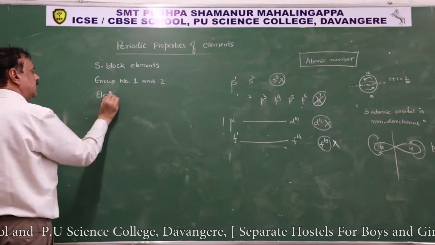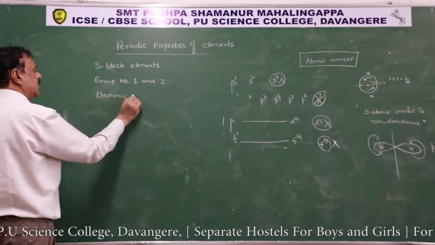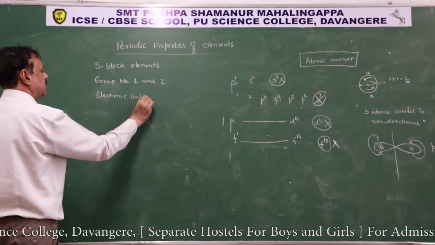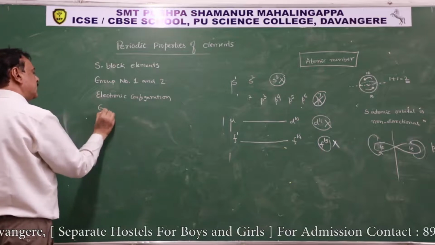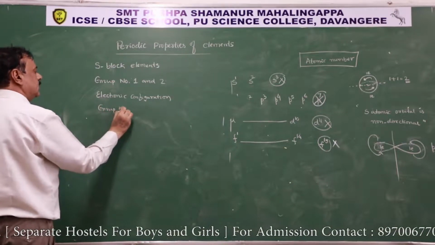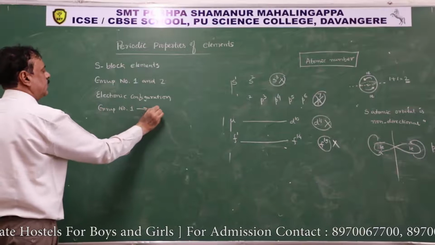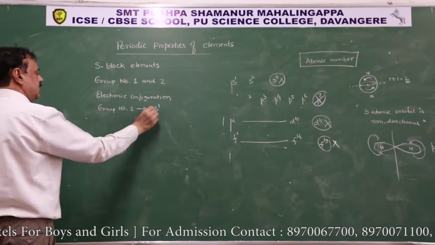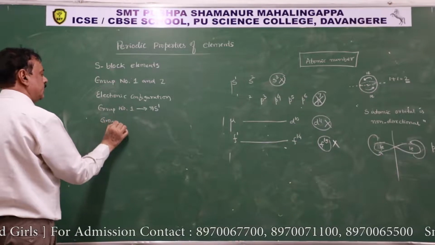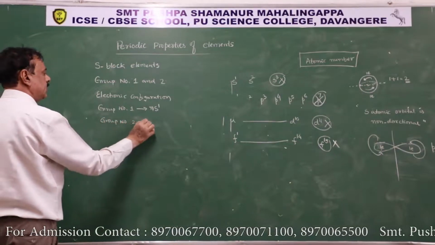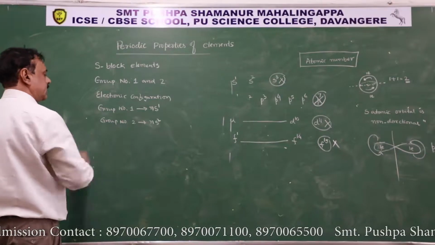Electronic configuration: for group number 1, we have ns1 configuration. For group number 2, we have ns2 configuration.